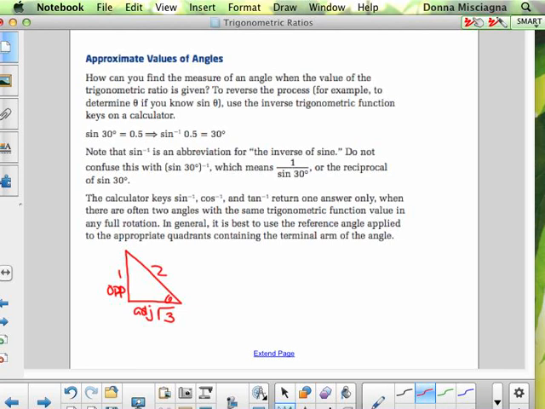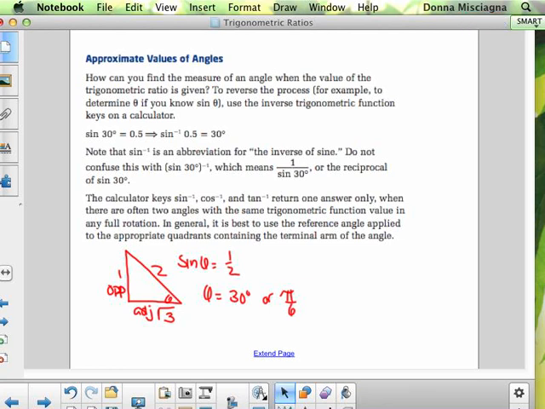So sine theta would be 1/2, and what angle measure has a sine ratio of 1/2? Well, that's going to be 30 degrees if we're in degrees, or if we're in radians, pi/6.